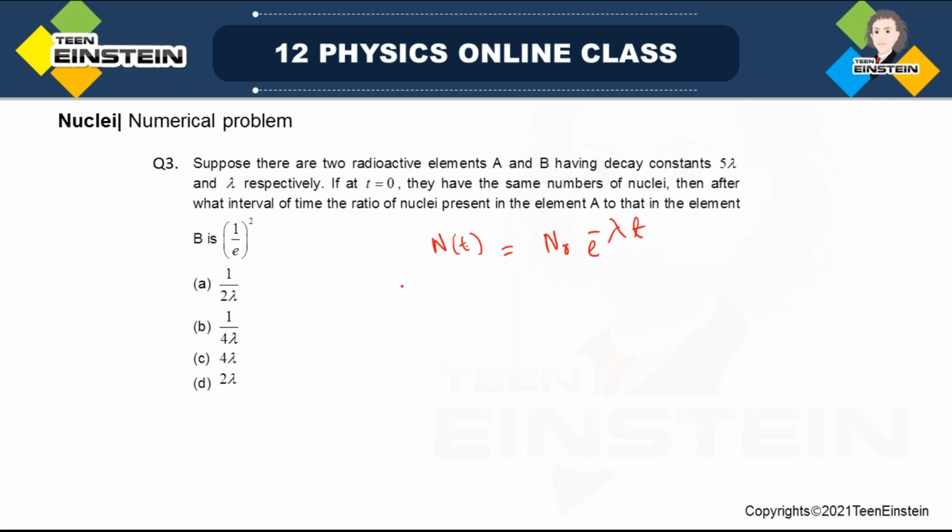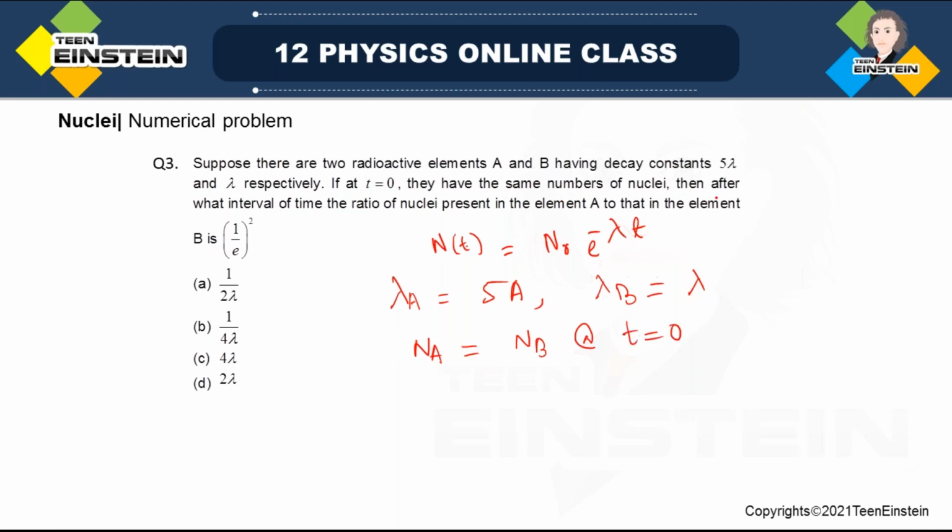Let us suppose lambda A, the disintegration constant of element A, is 5 lambda, and lambda B, the disintegration constant of element B, is given as lambda. And at t equal to 0, they have the same number of nuclei. So both of them have the same number of nuclei initially. That means Na is equal to Nb at t equal to 0.